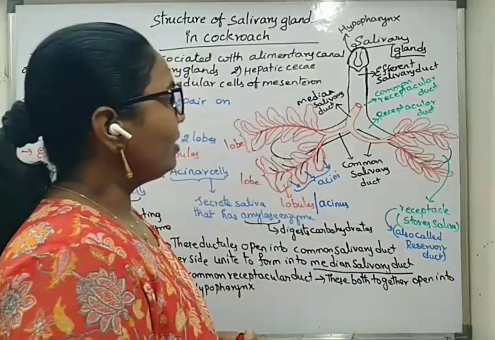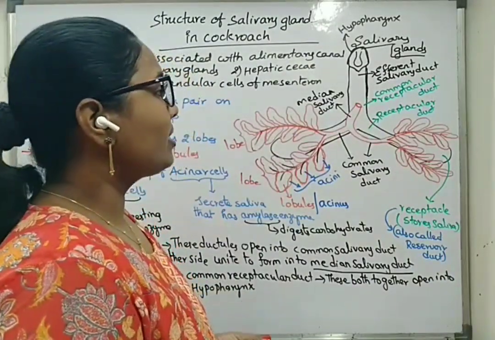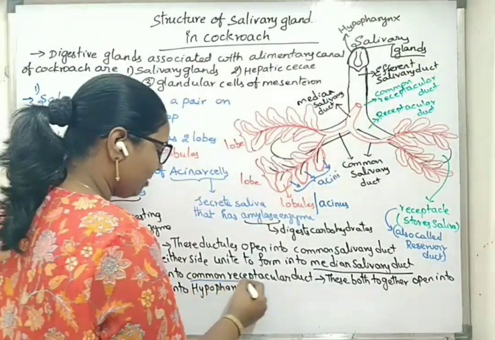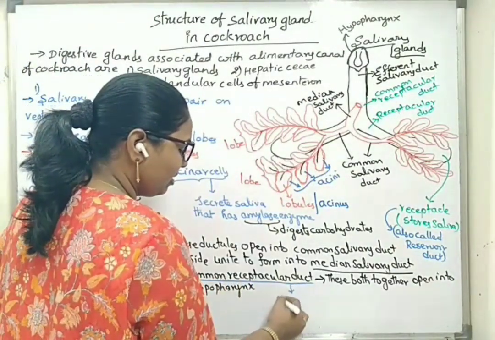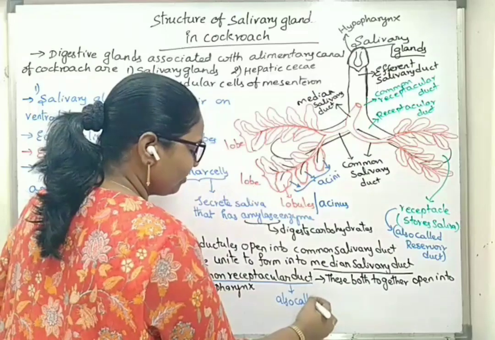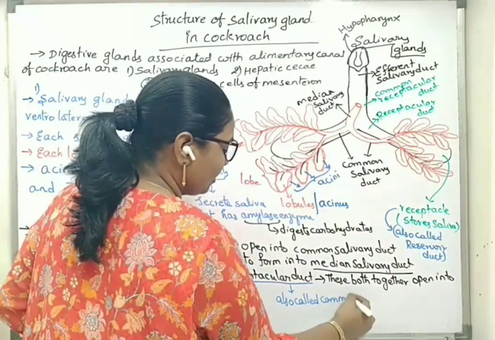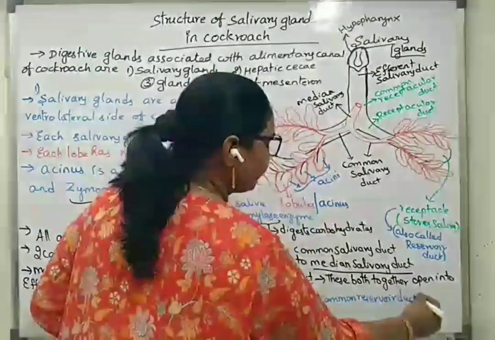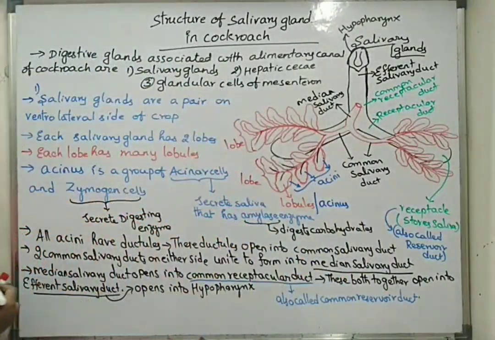Now, common receptacular duct is also called as common reservoir duct. So these are points related to structure of salivary glands.